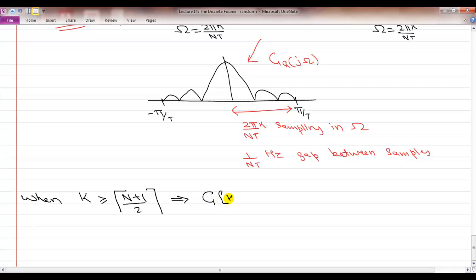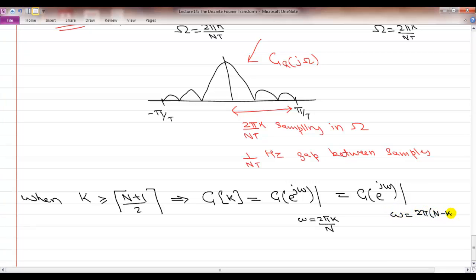So in that case, we know that G[k] is equal to G_d of e to the j omega, with little omega equal to 2 pi k over N, but that is also equal to, because of the periodicity of the DTFT, little omega equal to 2 pi N minus k over N.